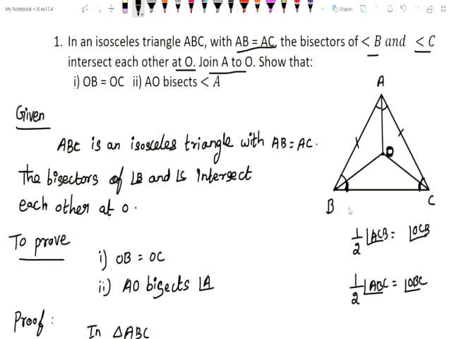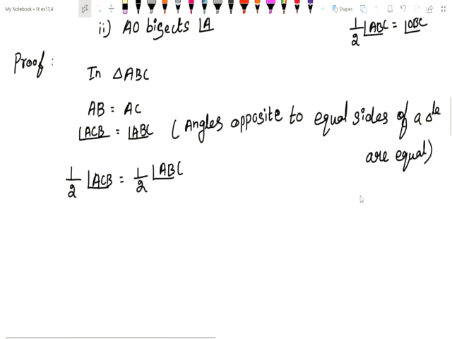Now, opposite to angle OBC is side OC, and opposite to OCB is side OB. Now half of ACB, what am I going to write?